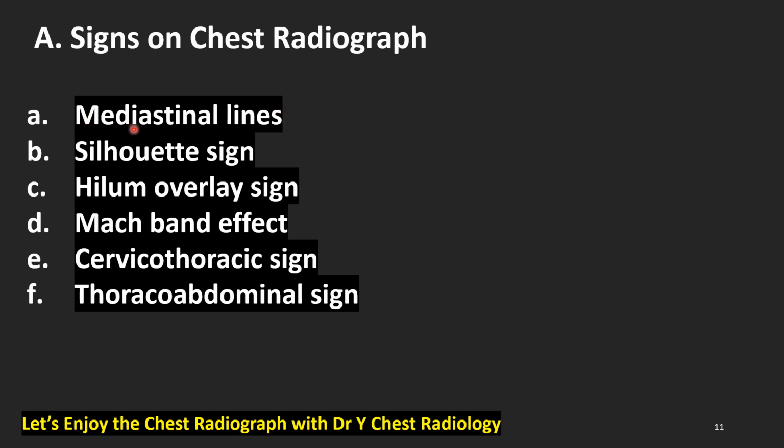First, mediastinal lines, obliteration of mediastinal lines, and silhouette sign, the meaning of silhouette sign, the concept of hilum overlay sign, Mach band effect, cervicothoracic sign, and thoracoabdominal sign. If you need more, please go back to my previous sessions.